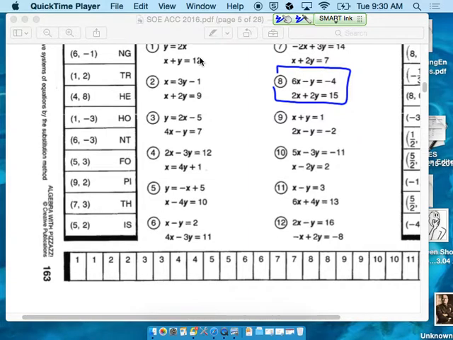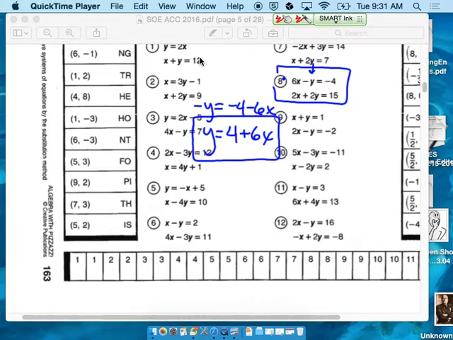So here I don't have a coefficient of +1, but the first equation, I could solve this easily for +y. So to do that, I'm just going to subtract 6x from both sides. And then if I divide each term by +1, then I've now turned this equation into that.